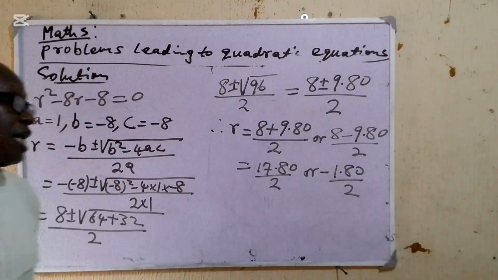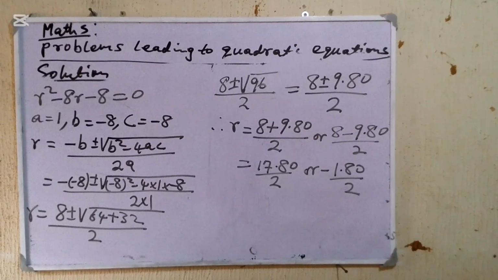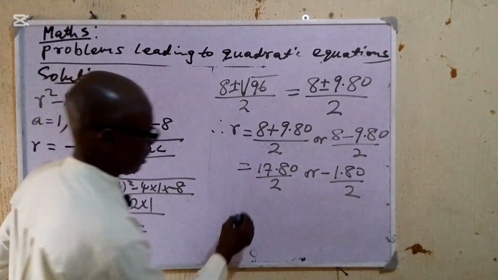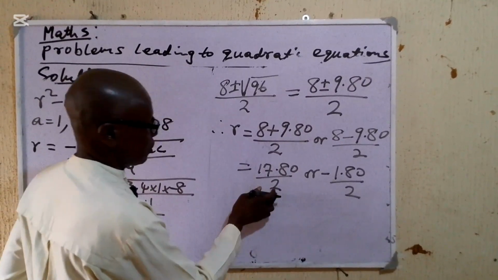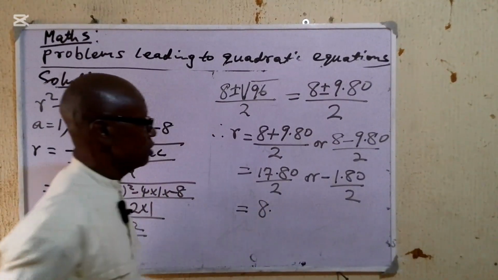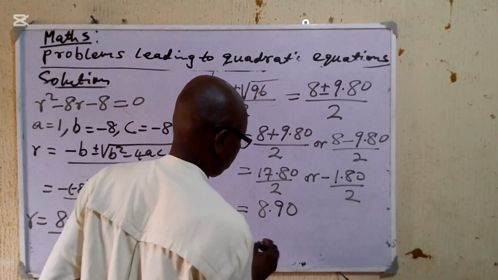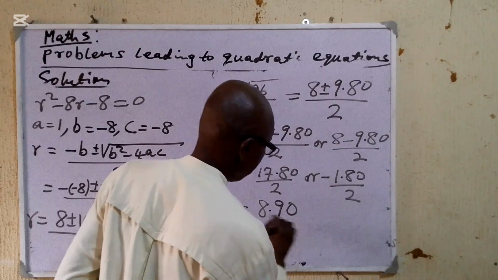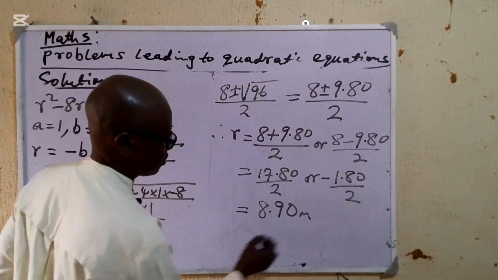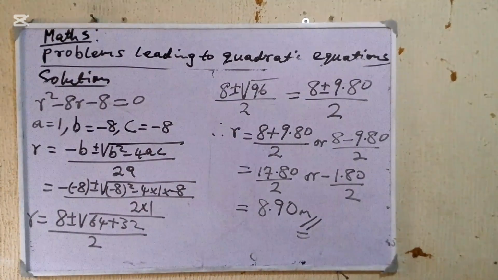But we are not going to consider the negative because we are talking of the value of r, that's the radius of the pond. If you divide, we are going to have 8.90. So the final answer is 8.90 meters. That's the radius of the pond.